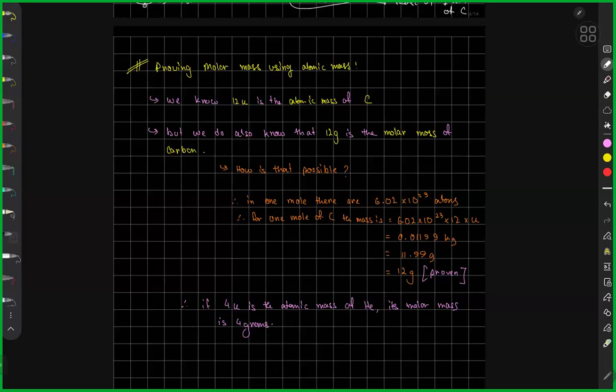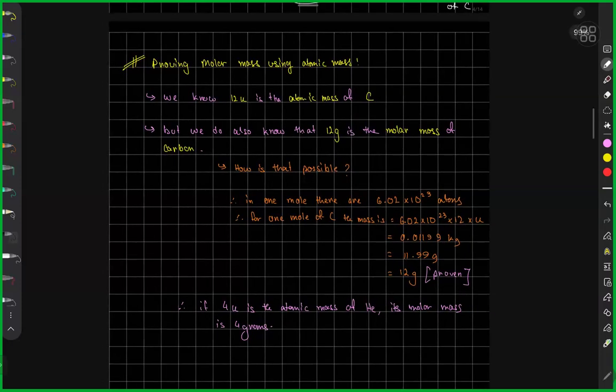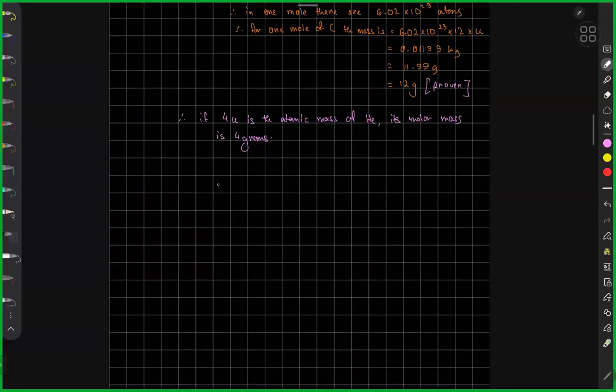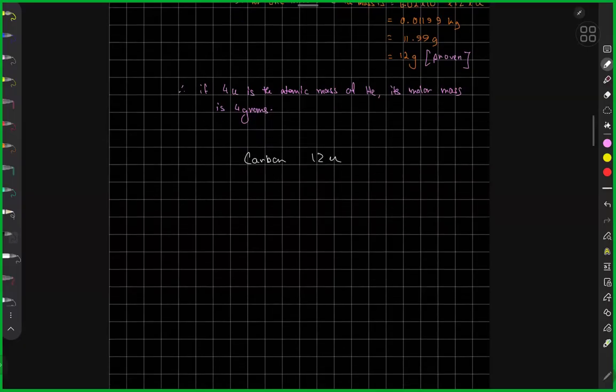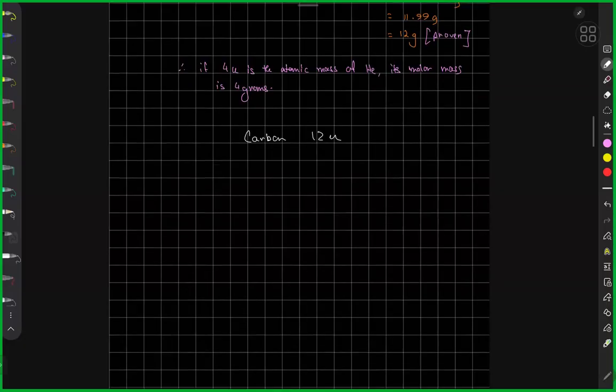Now, I can also do the opposite thing. I know the mass number of carbon is 12U. Okay? And I know 1 mole of carbon has 6.02 times 10 to the power of 23 particles.